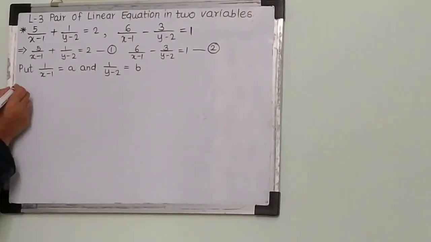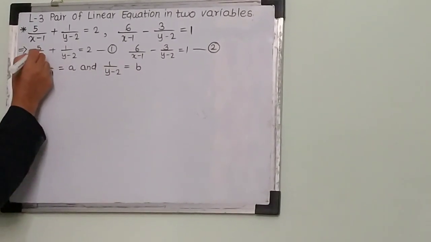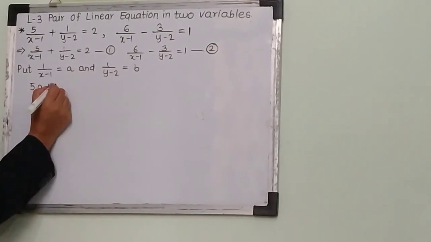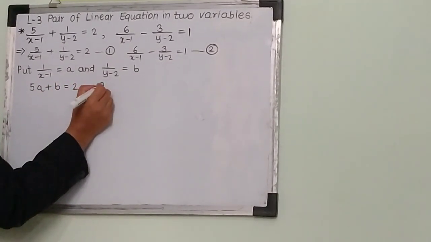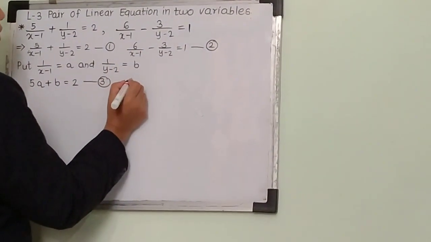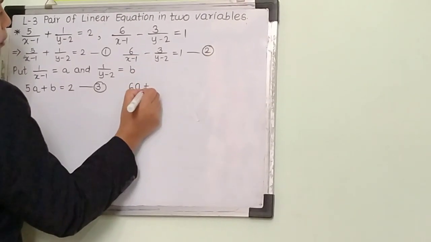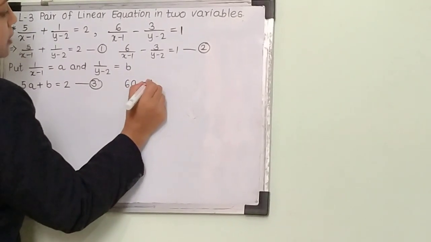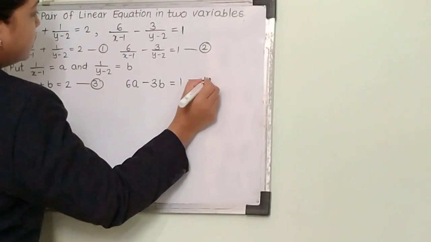So both my equations become 5a, because 1 upon x minus 1 is equal to a. So 5a plus 1 into b, that is b, equals to 2, and this is equation number 3. Similarly, this equation, 6 into a, minus sign is there, minus 3 into b equals to 1, that is equation number 4.